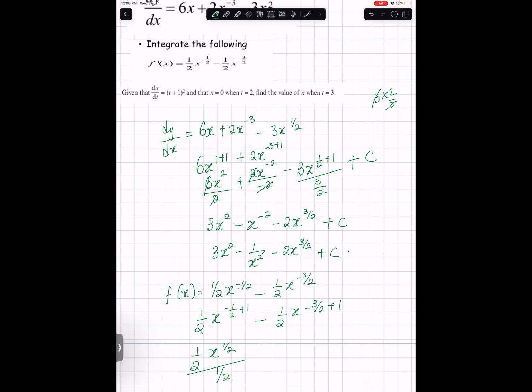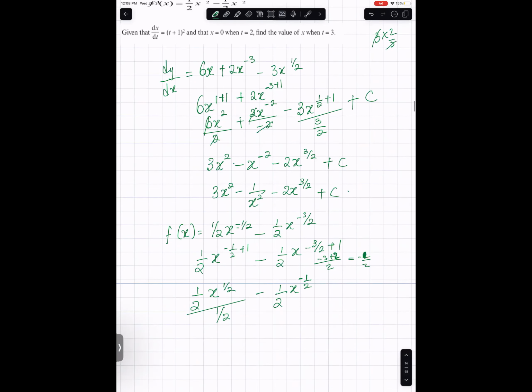Okay, then we have minus 1 over 2 into x to the power of minus 3 over 2 plus 1, which will give us minus 3 plus 2 over 2. Sorry, so that gives us minus 1 over 2. So I'll have here as minus 1 over 2. Okay, so this is what we have on this.